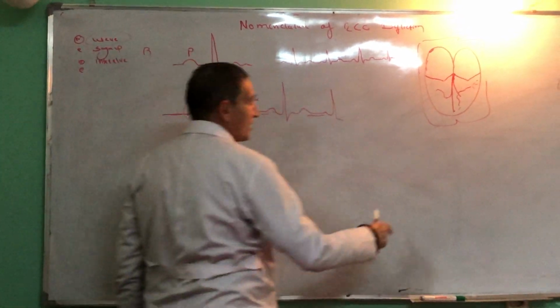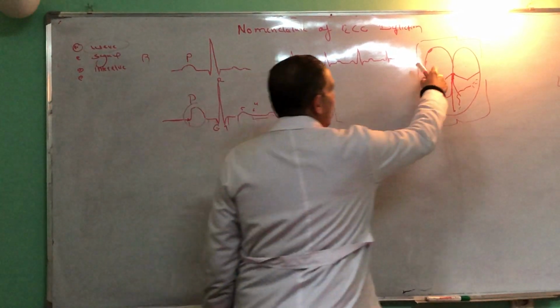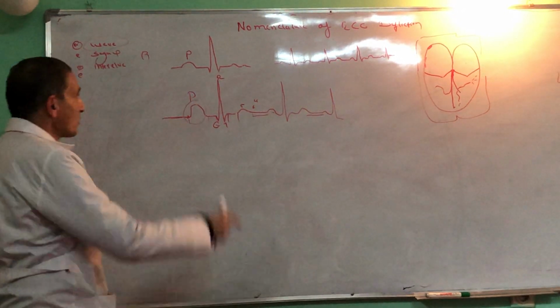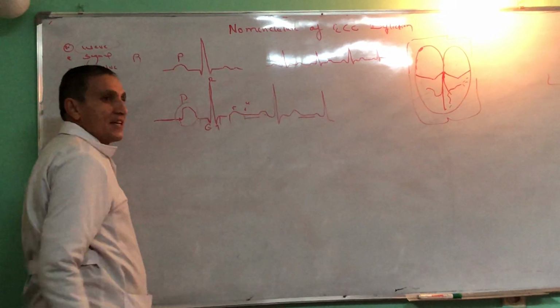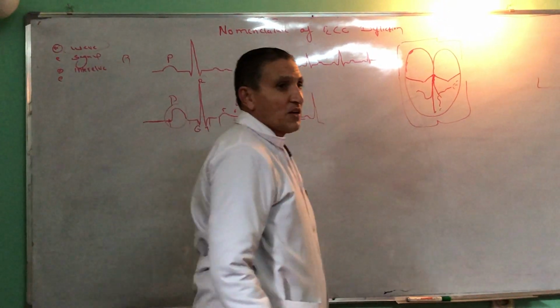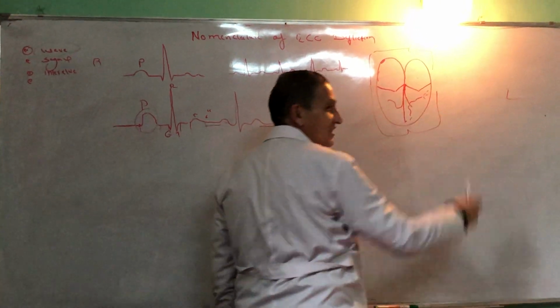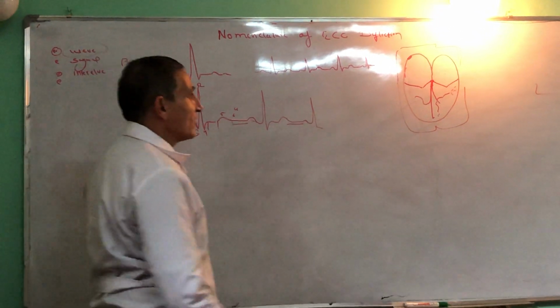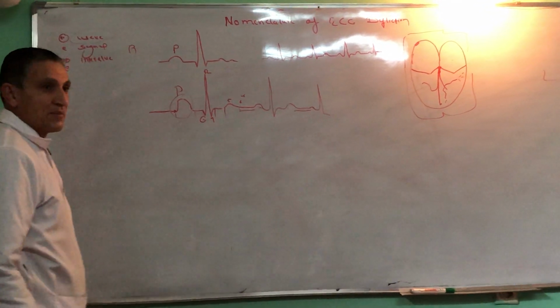As I have mentioned so many times, the dual chamber concept. We have 2 atria, so we should have 2 P waves, but we have a single P wave. What is the reason? Dual chamber. What is the dual chamber concept? Both atria are electrically connected to each other through gap junctions. Both of them are electrically activated at the same time.